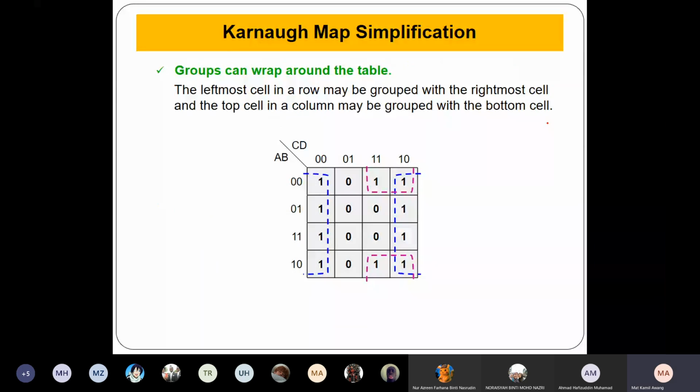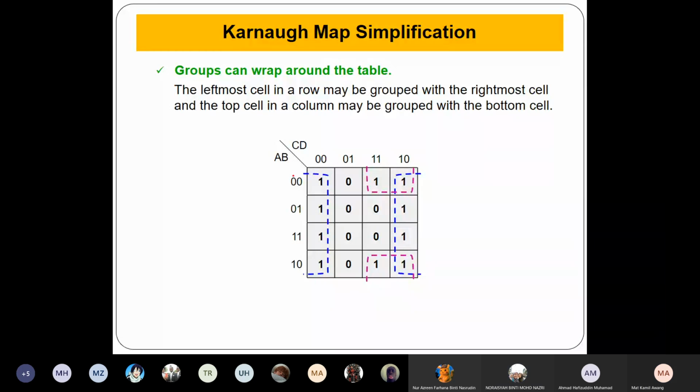Groups can wrap around the table. This is the one that I mentioned just now, where this corner is actually connected to this corner, and that corner. So here, this is actually 1.